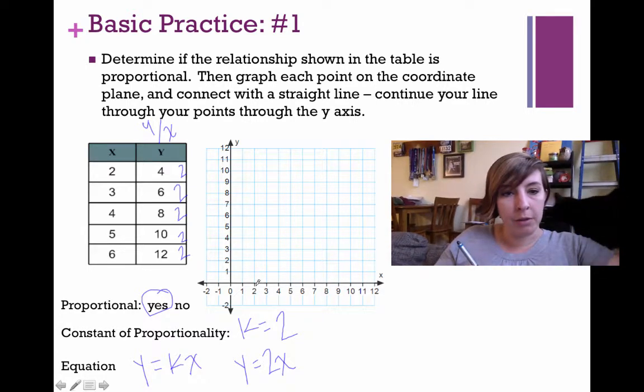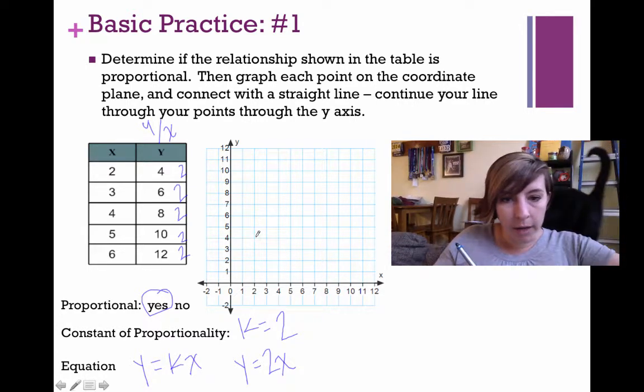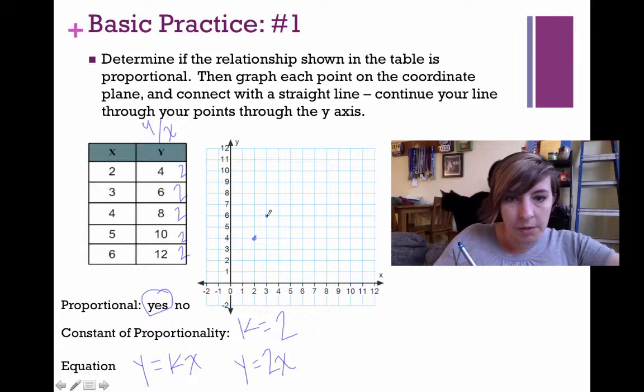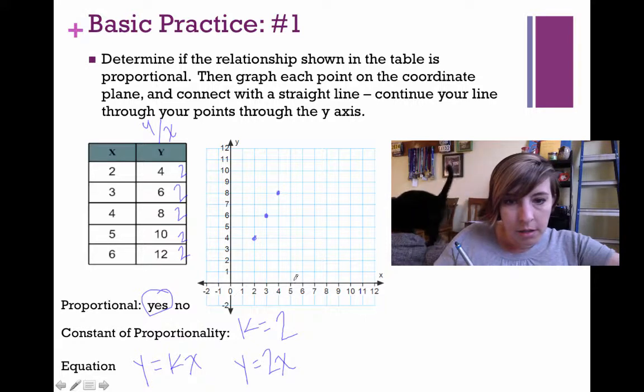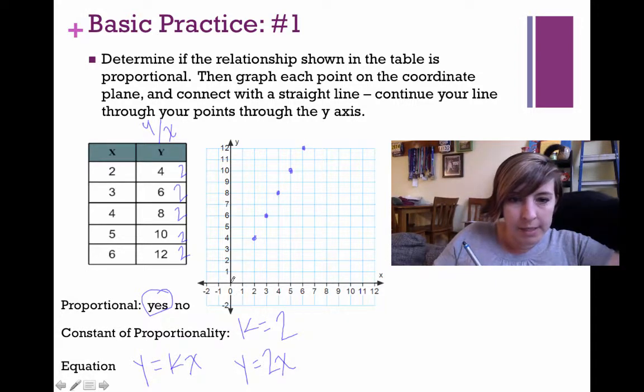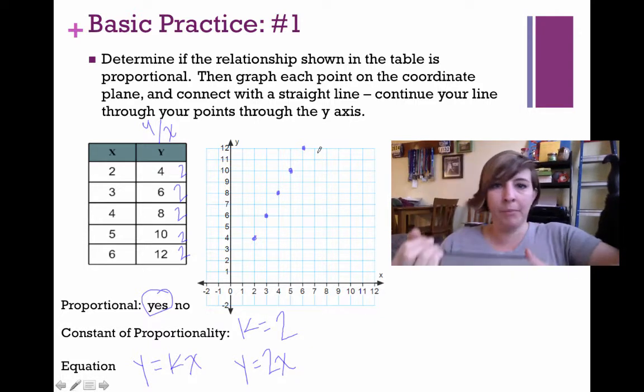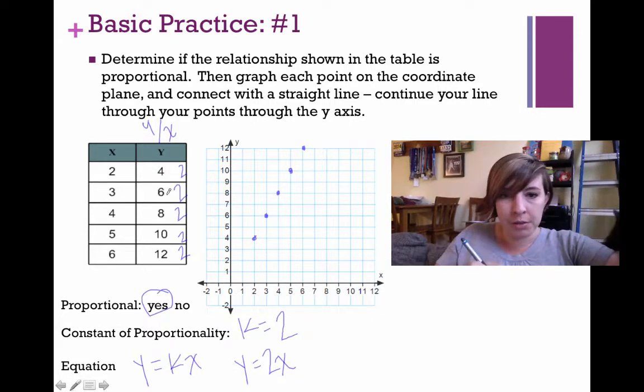When our x value is 2, our y value is 4. When our x value is 3, our y value is 6. You should be graphing this along with me. When it's 4, we're at 8. 5 is 10. And 6 is 12. And then I'm going to do my best to make these lines straight, but I'm working with my tablet, so it's a little bit difficult to do.